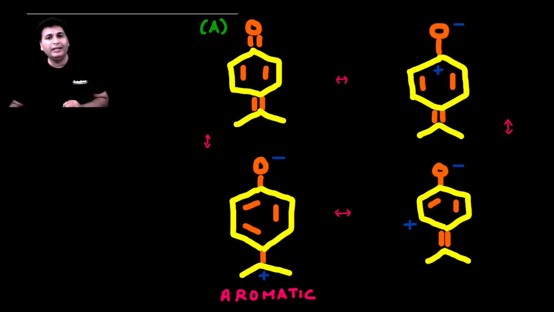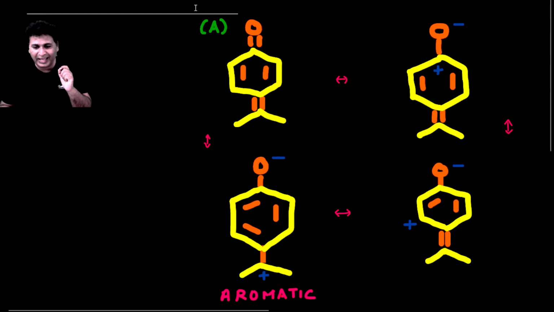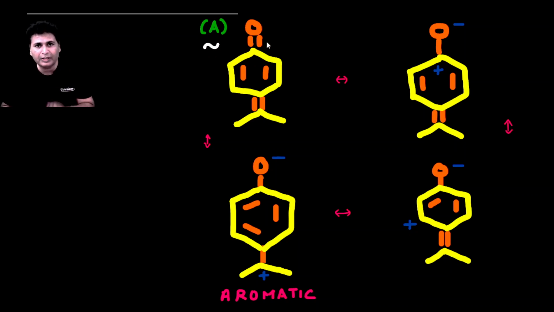If we see the A compound, I am starting with A. As you can see in A, the pi bond has shifted on oxygen. How I have shifted, please have a look. This is the pi bond, and I have shifted it over oxygen.